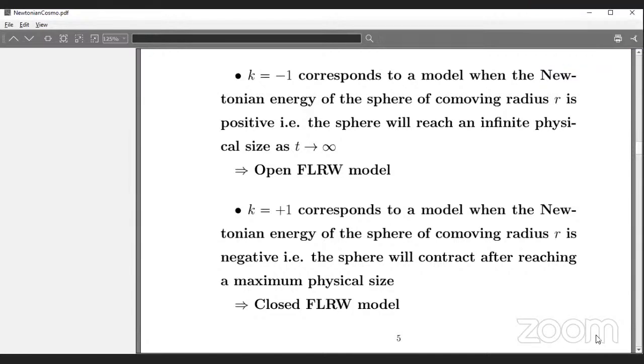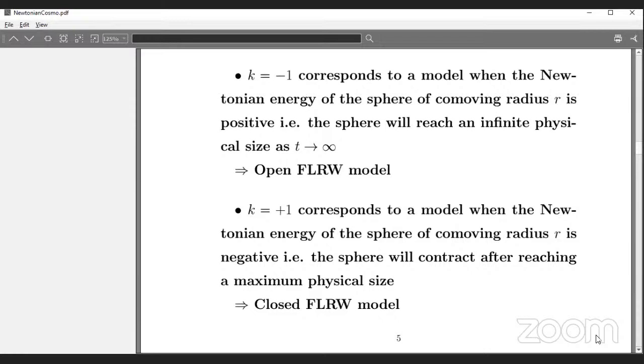All right. So yesterday, towards the end, we saw that the K equal to 0 model corresponds to the FLRW flat model. That means the spatial part of the geometry is that of Euclidean geometry, while the K equal to -1 model is the open FLRW model. Basically, it means that the universe will continue to expand without halt till the cosmic time goes to infinity.